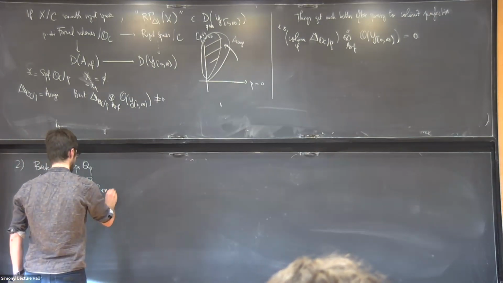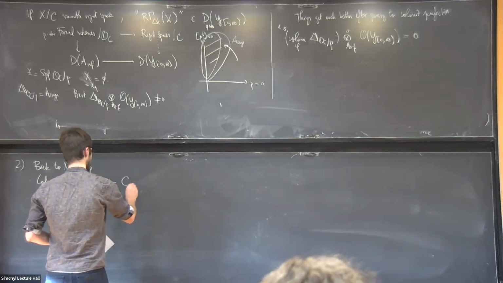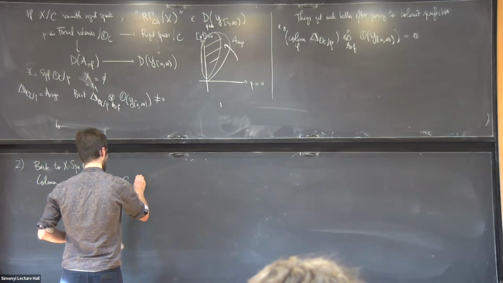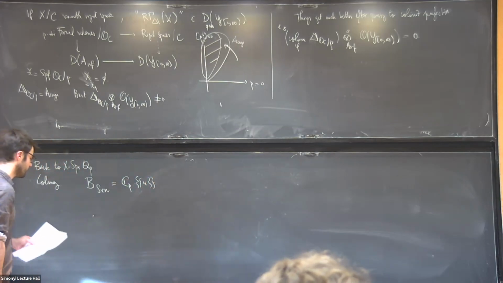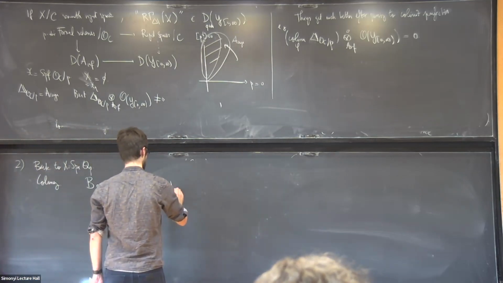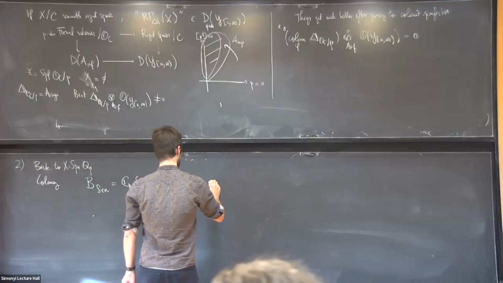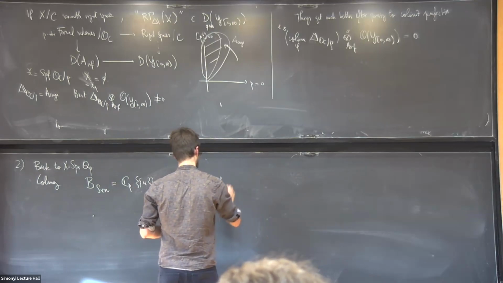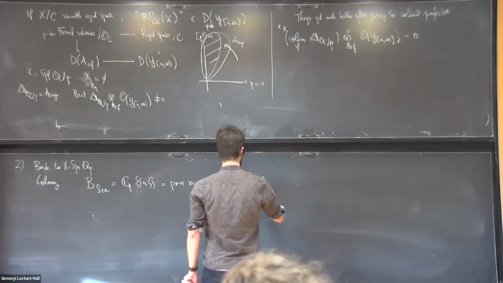which he calls B_Sen, which is the ring of, I will write it this way, the ring of power series over C_p in the variable u with non-zero but arbitrarily small radius of convergence.